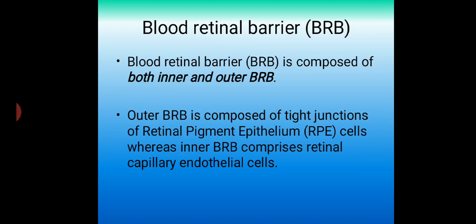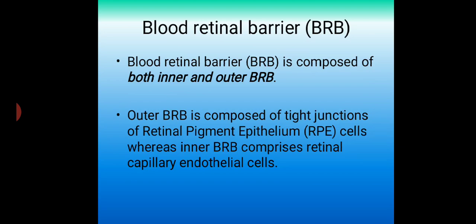The next one is the blood-retinal barrier. Again, as I said, this barrier is similar to the blood-brain barrier. The BRB, the blood-retinal barrier, is composed of an inner and an outer layer. Now, the outer layer is composed of the tight junctions of retinal pigment epithelium and retinal capillary endothelial cells.